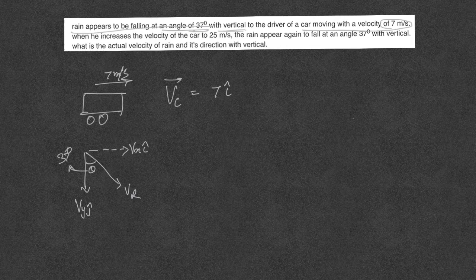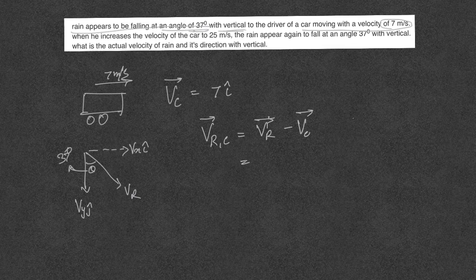Now if you were to consider the velocity of rain with respect to the car, typically this is given as velocity of the rain vector minus velocity of the car. As we have seen earlier, the velocity of the rain will have both the x component as well as a y component, correct?